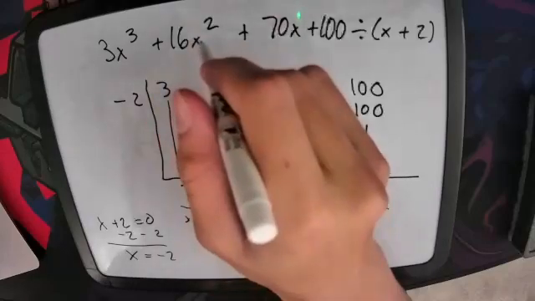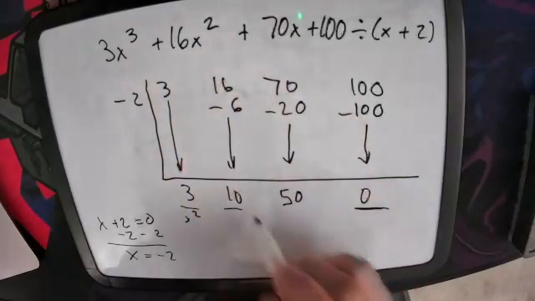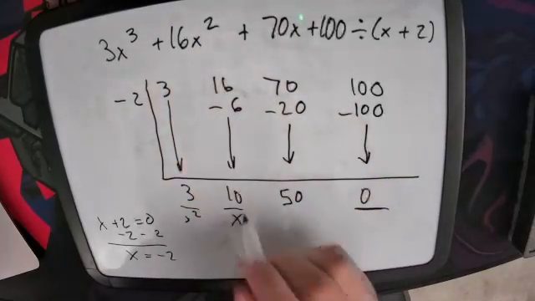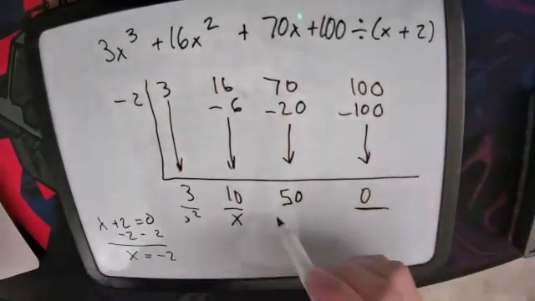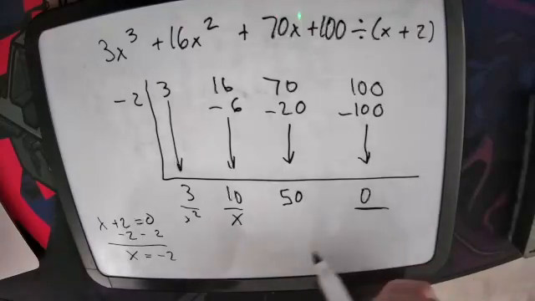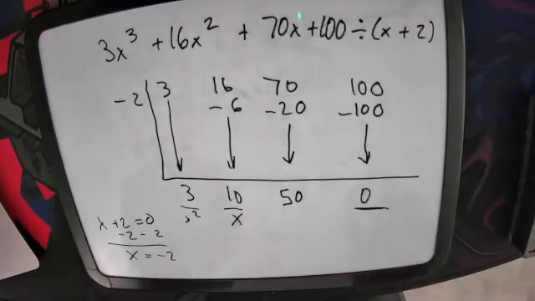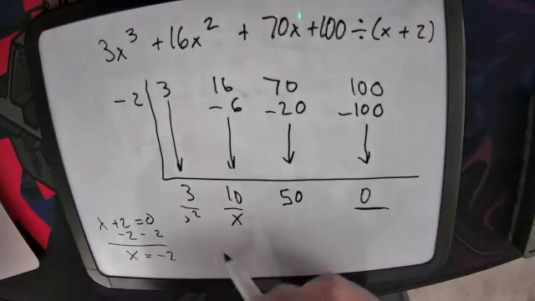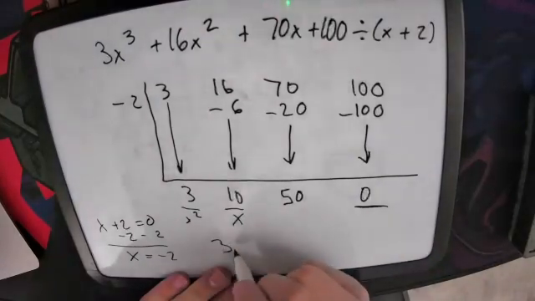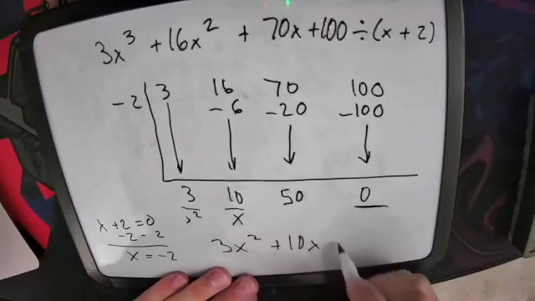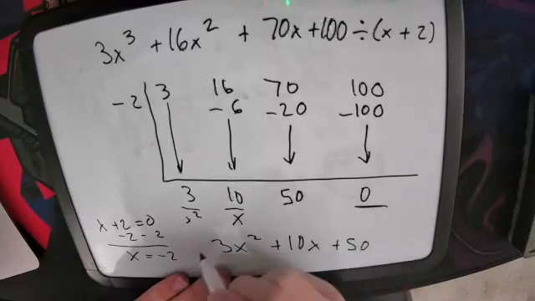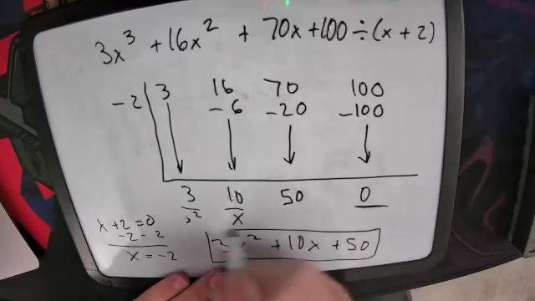This is going to be this degree minus 1, so that's just going to be x. And this value is also going to be this degree minus 1, so that is 0. So that's not going to have any variable attached to it whatsoever. So our final answer here is going to be 3x squared plus 10x plus 50. That is our final answer.